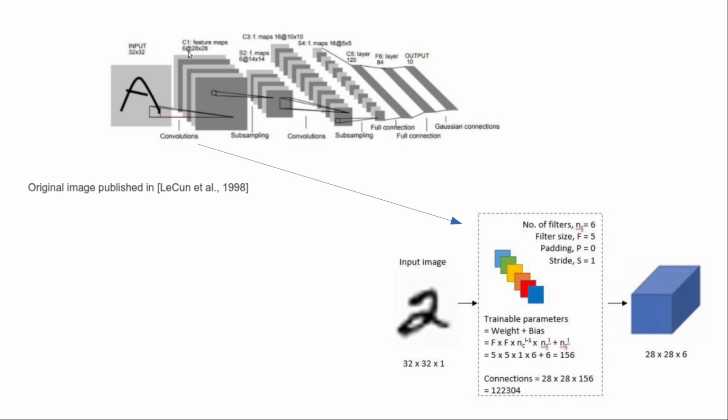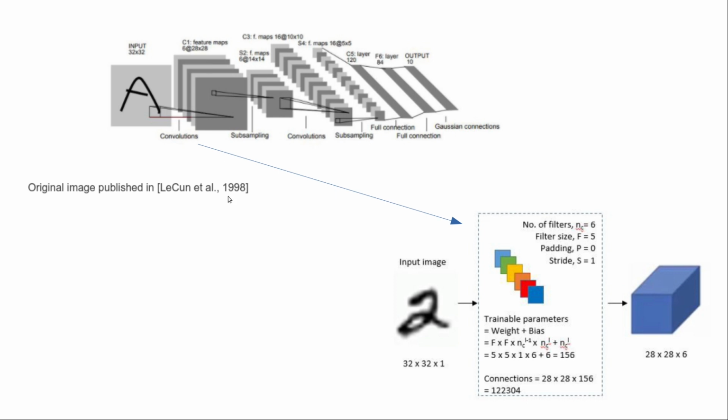And how we got 28 by 28 from 32 by 32, that is pure arithmetic of the convolution layer. You start with 32 and you deduct 5, because 5 is the filter size or the kernel size, and add 1. So 32 minus 5 plus 1 will give you 28. That's how this size is arrived at.